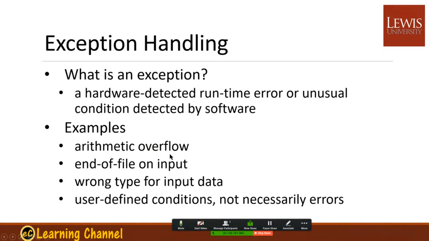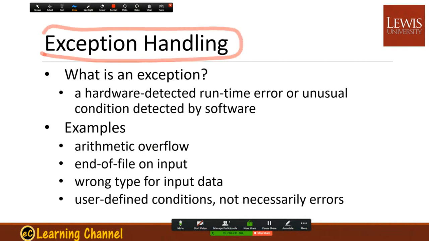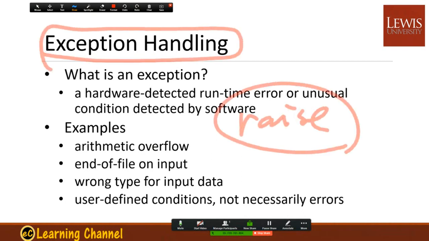Examples are arithmetic overflow, end of file on input, or a user-defined condition, not necessarily errors. A user-defined condition just uses the exception handling mechanism, and you raise some exception of your own definition.